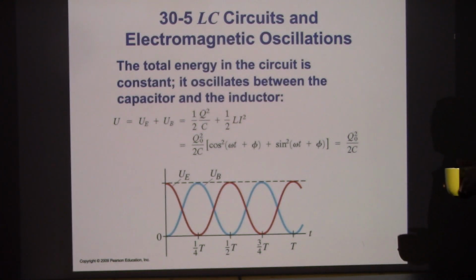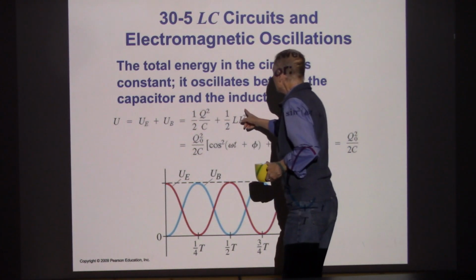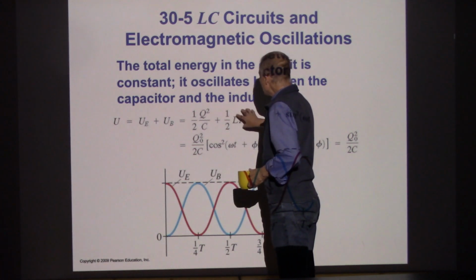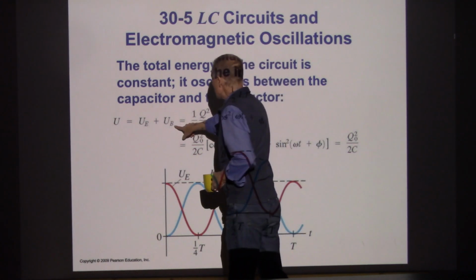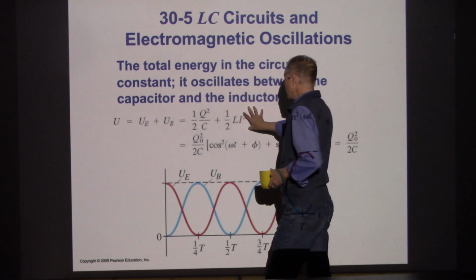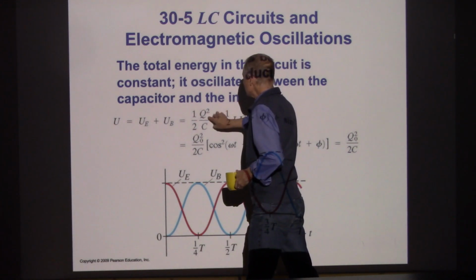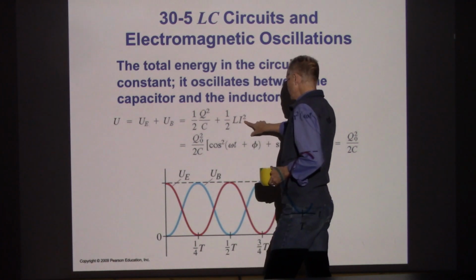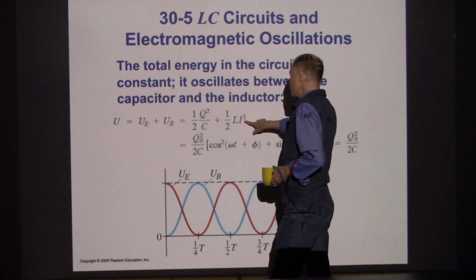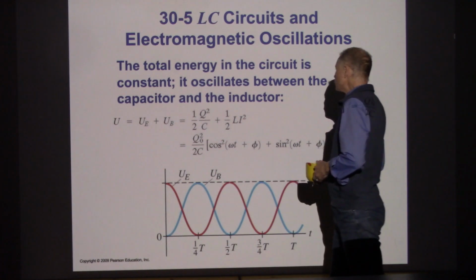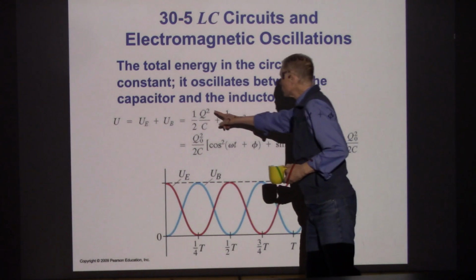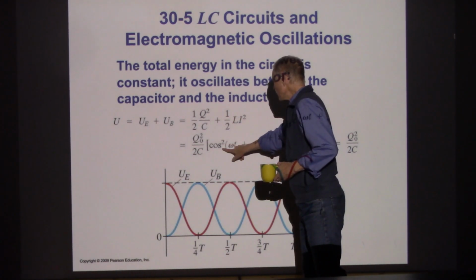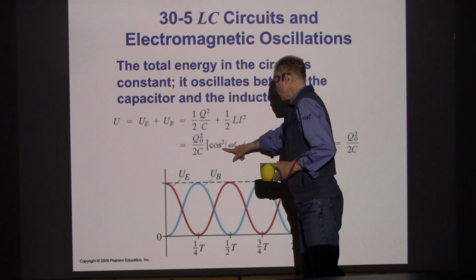And then we can also introduce this new formula. This is the energy stored in the magnetic field of an inductor. So this is the energy stored in the electric field of the capacitor, energy stored in the magnetic field of the inductor. And what we can show is that the charge is varying like a cosine function.